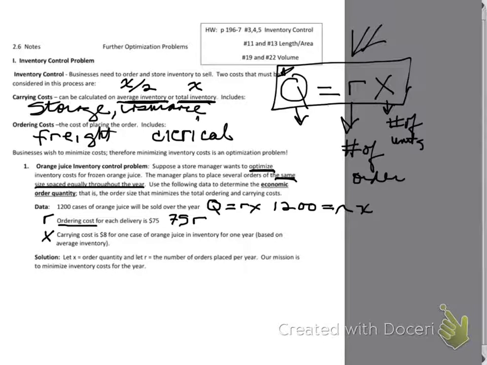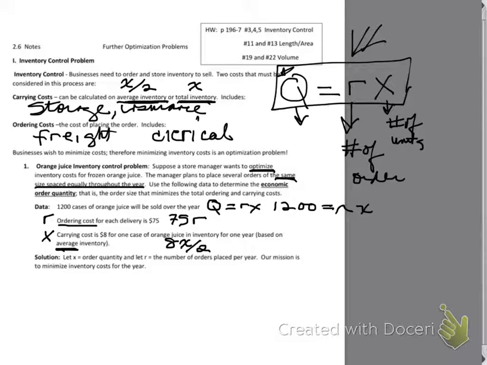Carrying cost is $8 for 1 case of orange juice in inventory for 1 year, based on the average inventory. So, $8 times the total order, but now it's based on the average inventory, so take your total order and divide it by 2. Okay, that's an important detail.